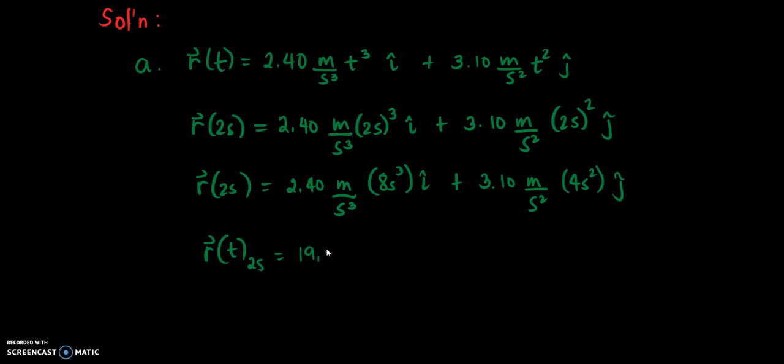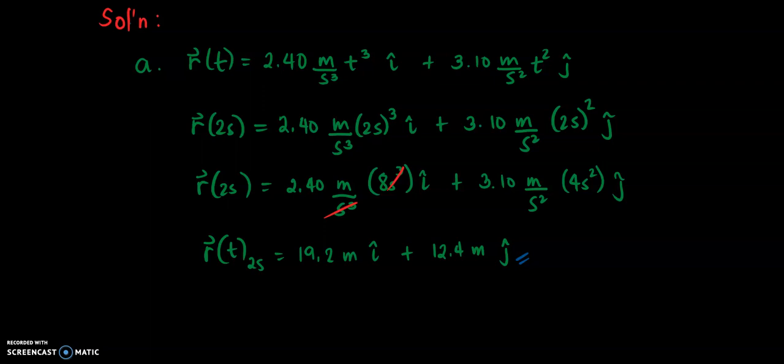We have 19.2 meters as we cancel out the unit s³, and that is along i hat, plus 3.10 multiplied by 4, that is 12.4 meters along j hat. Okay, so this is the position of the particle when t is 2 seconds.